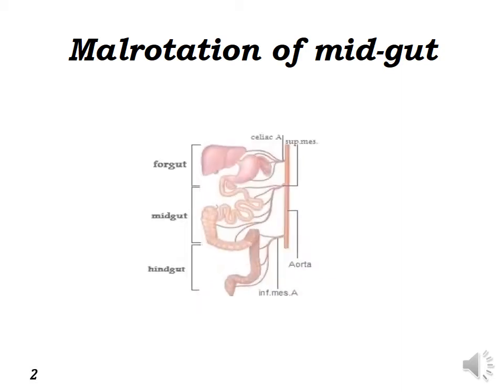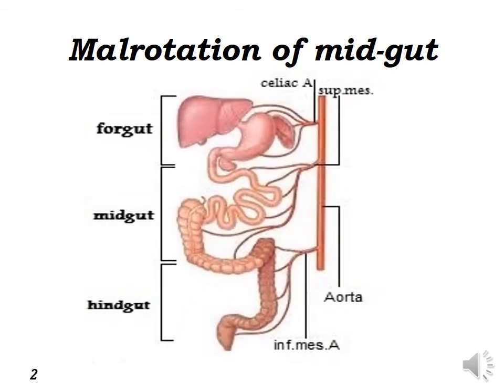Malrotation of midgut. To understand this disease, first we have to know what is midgut. During the embryonic development of the fetus, the gastrointestinal tract is divided into three parts: foregut, midgut, and hindgut. The foregut starts from the mouth, esophagus, stomach, and duodenum, the first, second, and third parts of the duodenum up to the DJ, duodenojejunal junction.